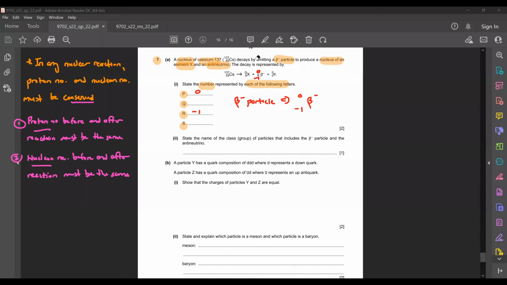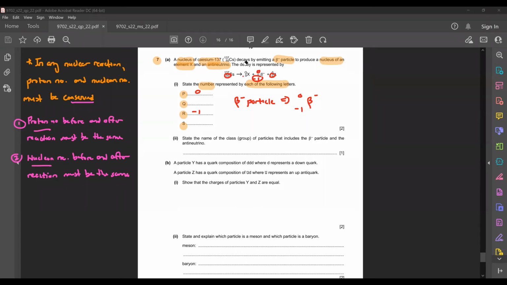If we want to work out the numbers for letters Q and S, we can just sum the proton number and nucleon number. If we just look at the proton number, before the reaction it was 55. Here we have 0, and then we have -1. What should be the number for S in order for us to get back 55?